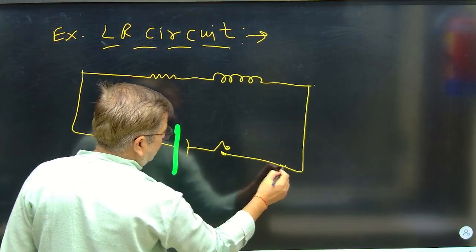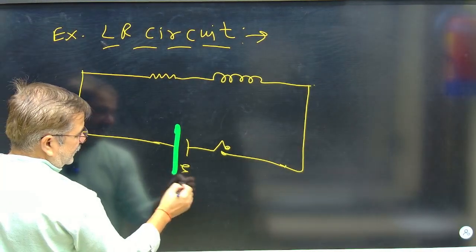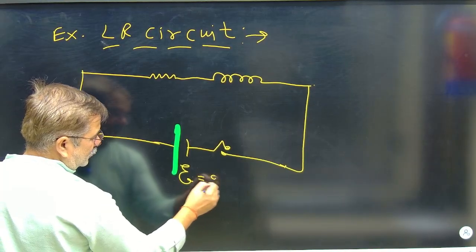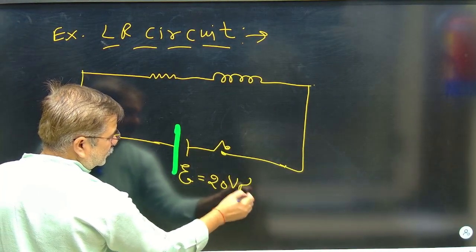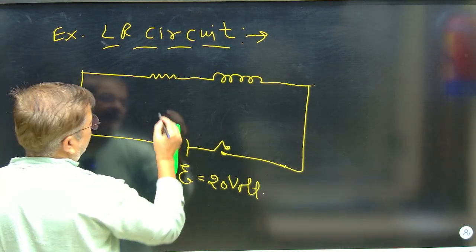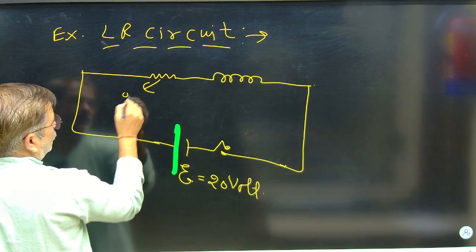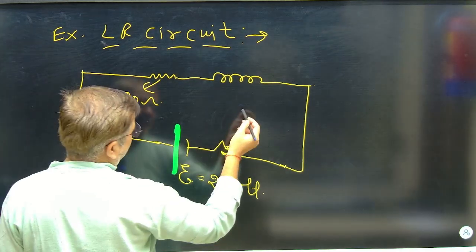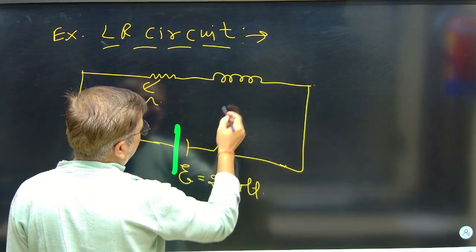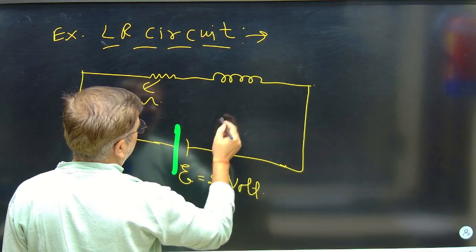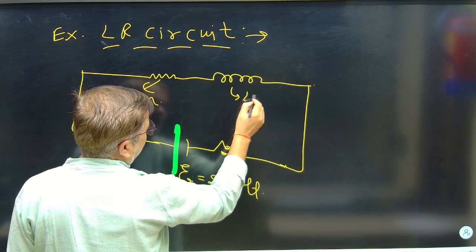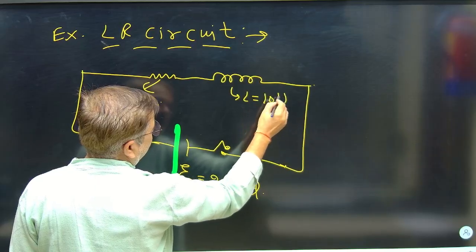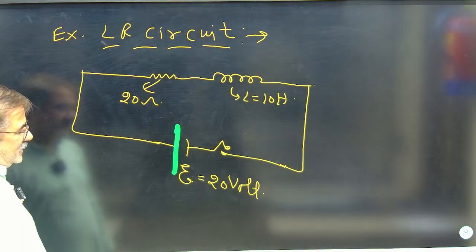And suppose I say this arrangement has EMF E equal to 20 volt, correct, and this resistance is 20 ohm, and this inductance L is 10 Henry. 10 Henry is the inductance.